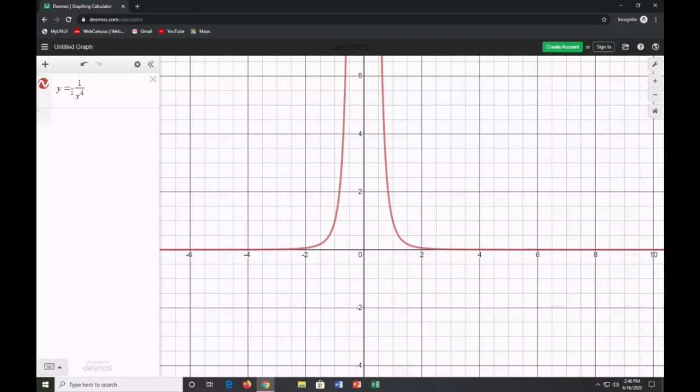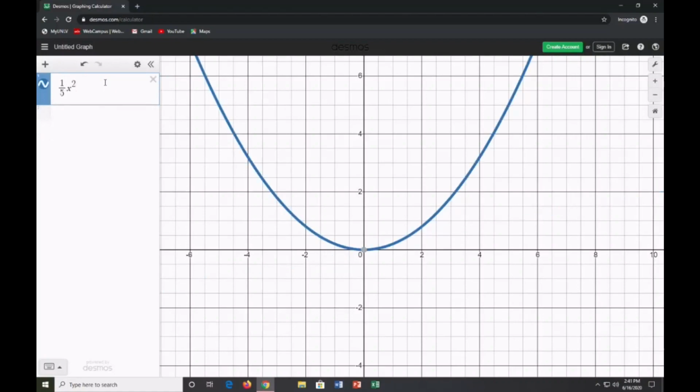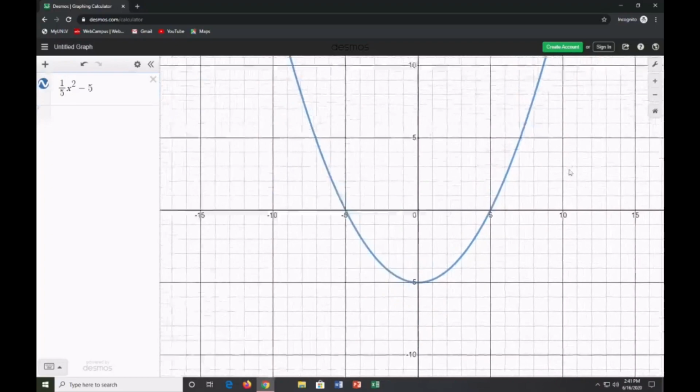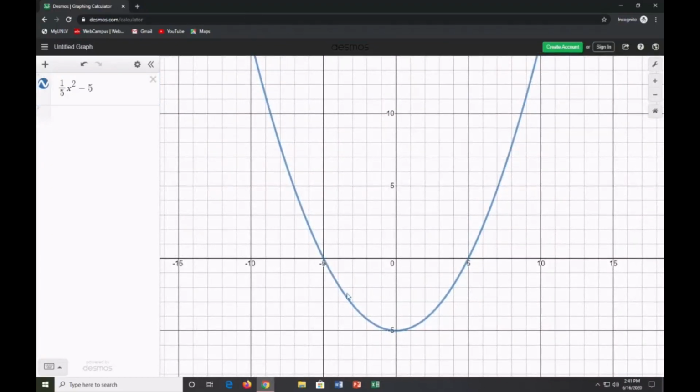This function here. Okay. Let's look at the quadratic function that we just looked at, which was 1 over 5 times x squared minus 5, right? So if I zoom out, look at the behavior of this graph with respect to the x-axis, which is the domain. Domain is what we're working on right now, right?